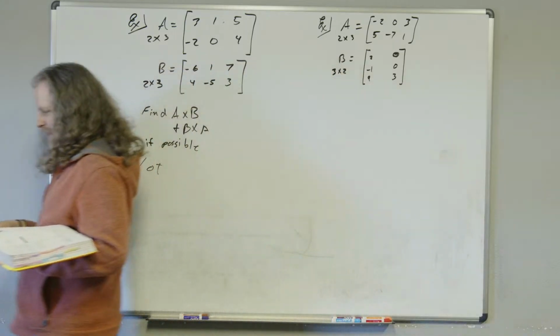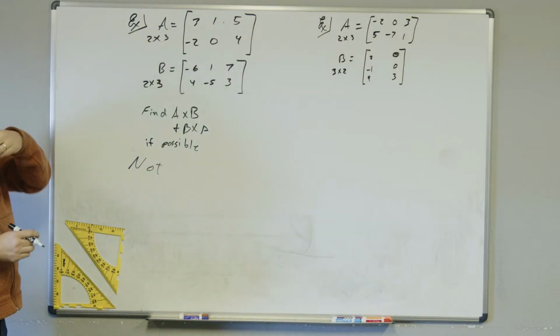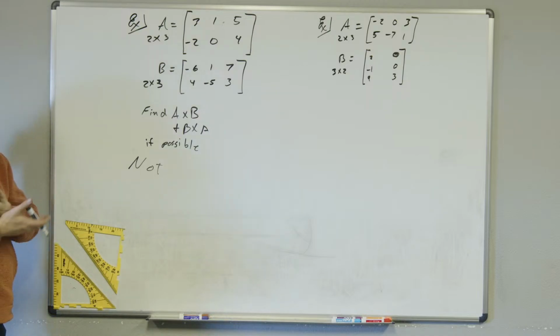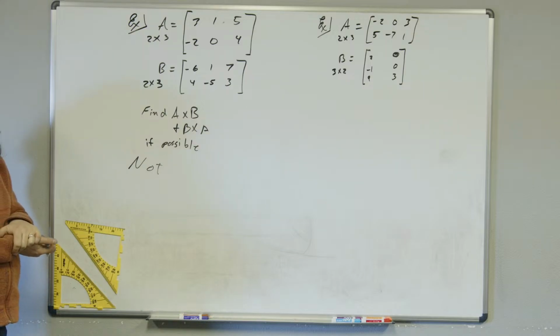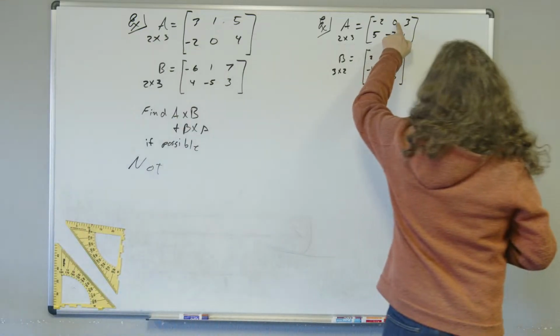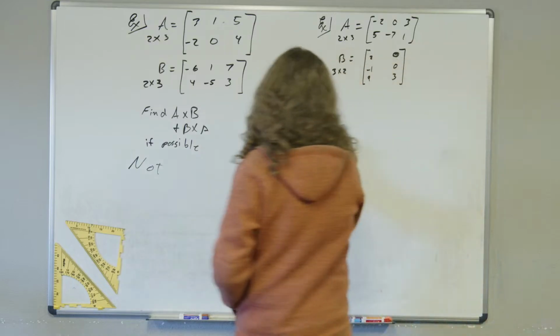So it looks to me like they're multipliable in both directions. This is a 0, and that's a 0, and so is that. Okay. So let's do A times B.